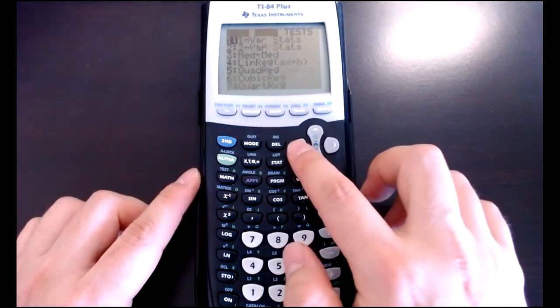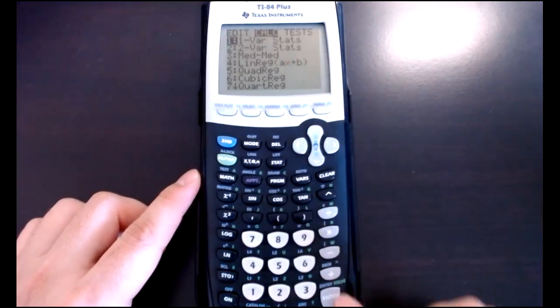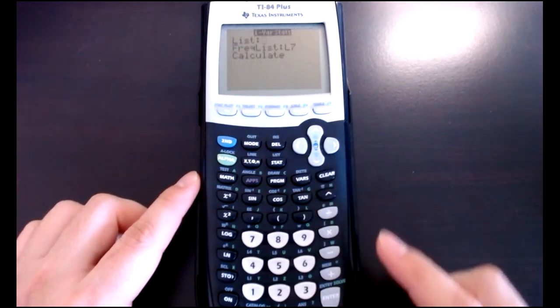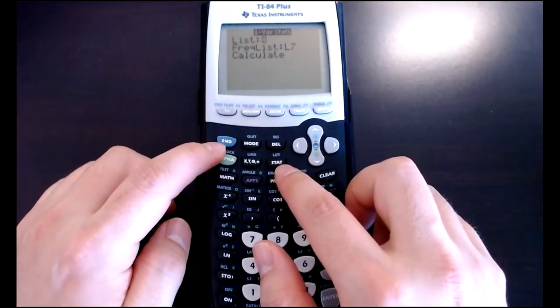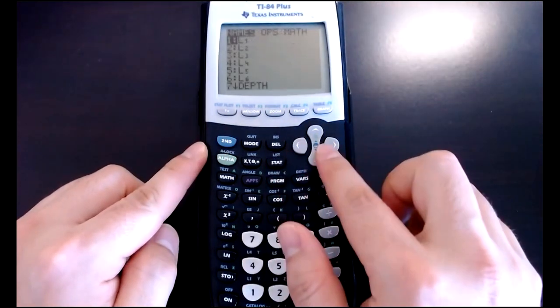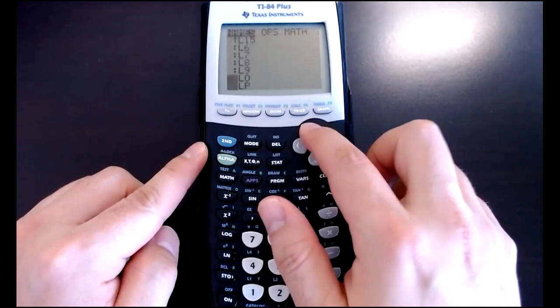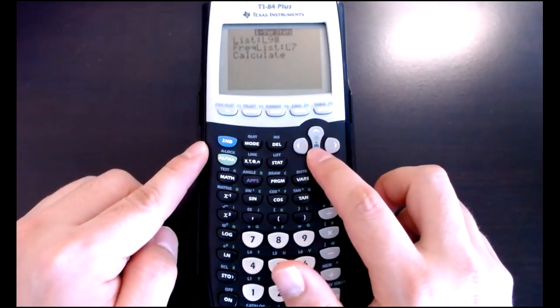Press stat, then go to the calc tab, choose number 1, one-variable stats. The list is going to be L9. So press second, then list, and choose L9.